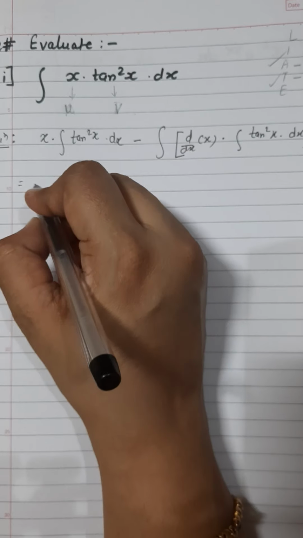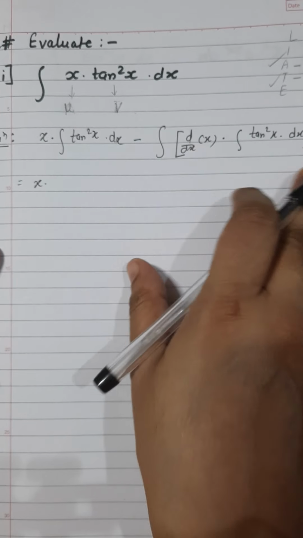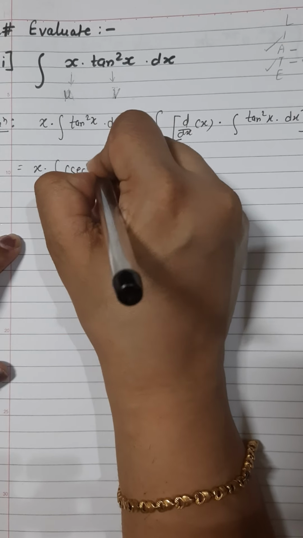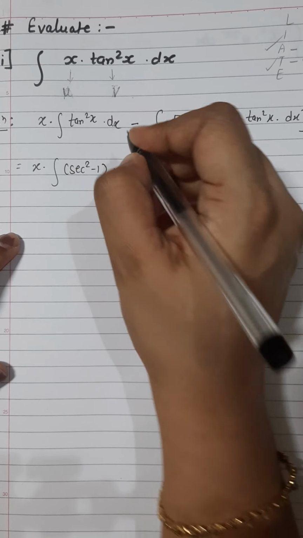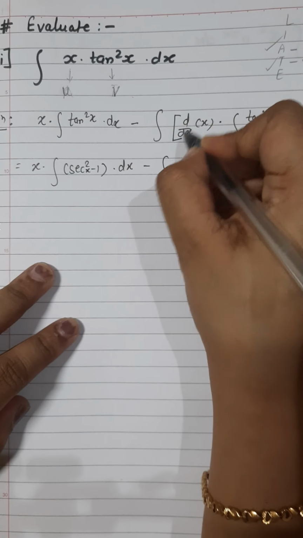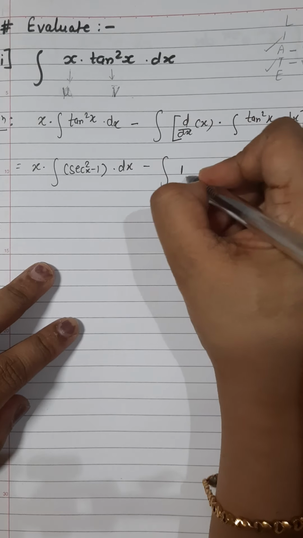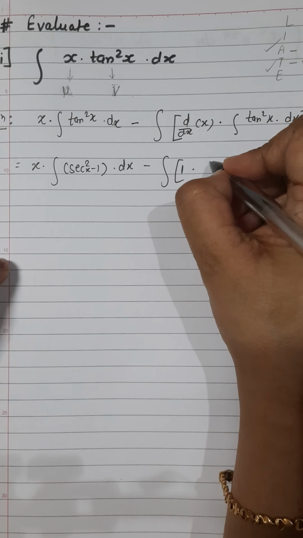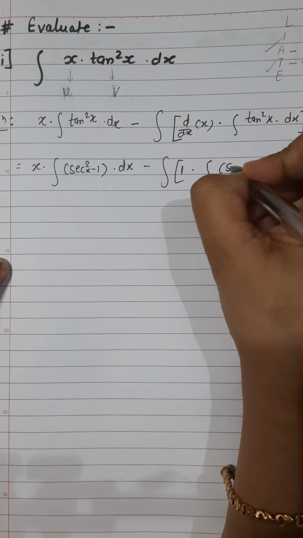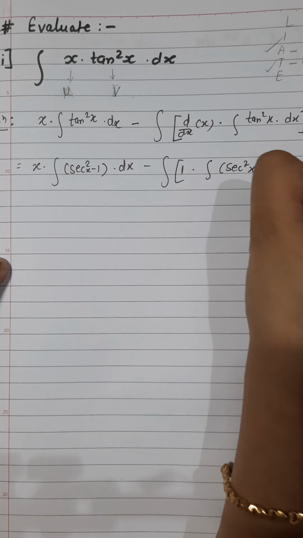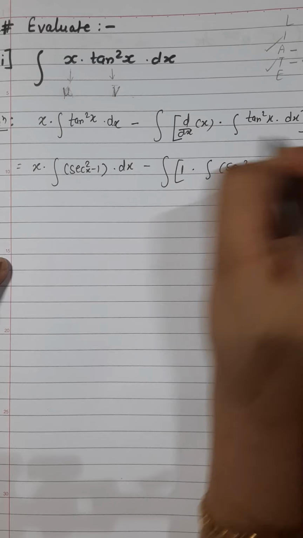Now you know that a direct integration formula for tan square x is not available, so we will write it as sec square x minus 1 dx, because we know 1 plus tan square x is sec square x, minus d/dx of x is 1 into, same here, we will write it as integration of sec square x minus 1 dx, and this is for the outer integral, right?